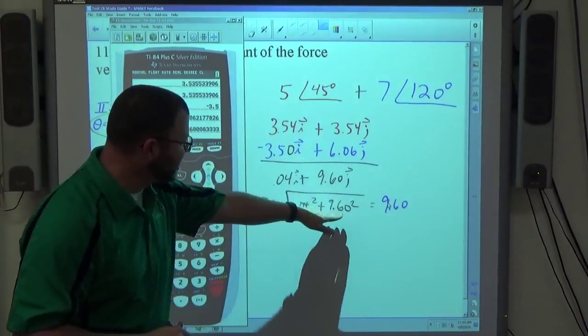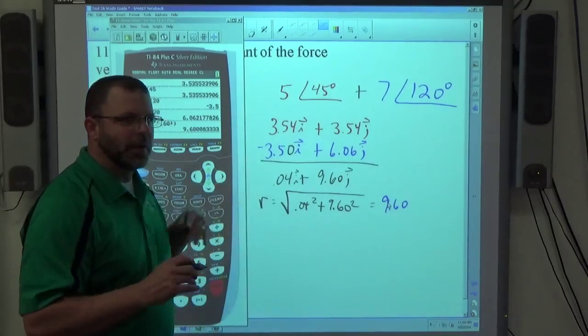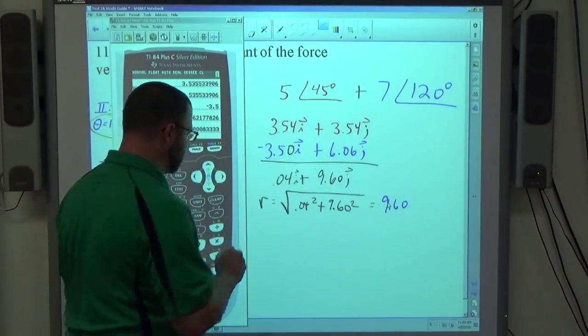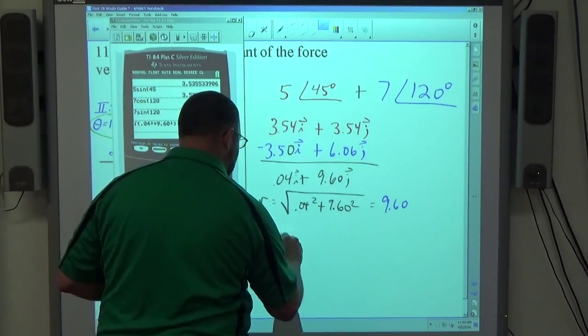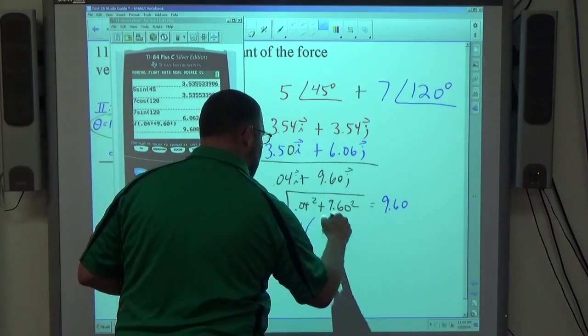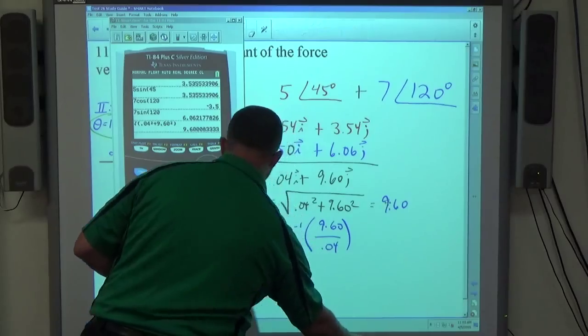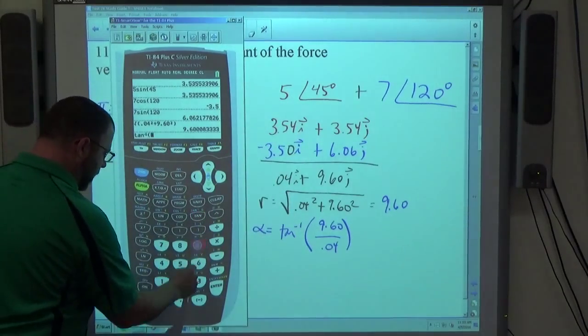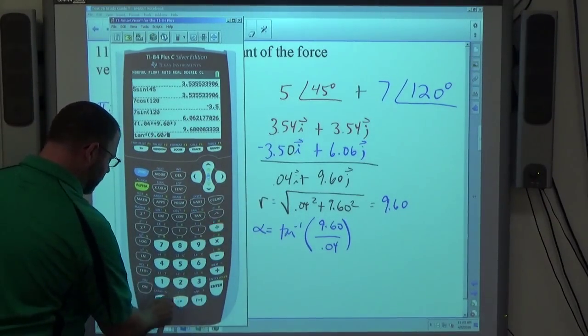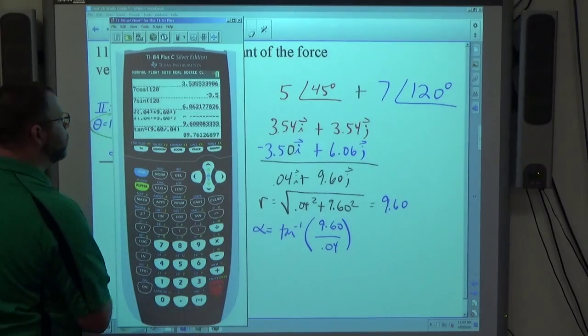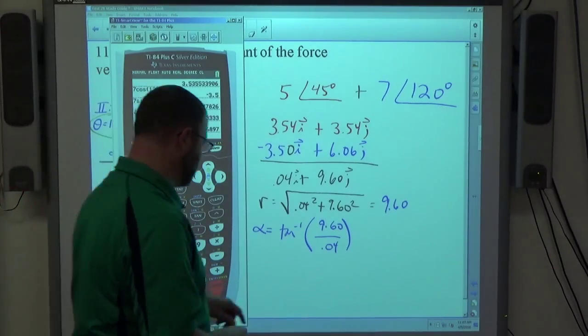The reason it's the same number is because that's so small, it has almost no bearing on it. So 9.60. Alpha is going to be the inverse tangent of 9.60 divided by 0.04. Inverse tangent of 9.60 divided by 0.04 comes out to 89.76 degrees.